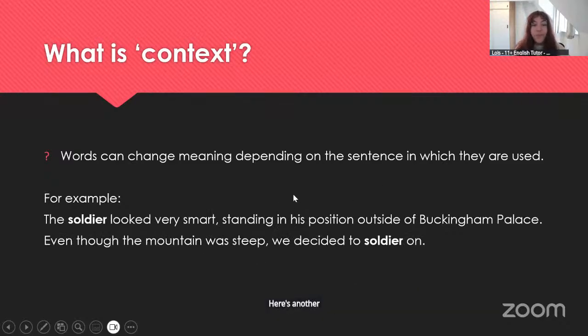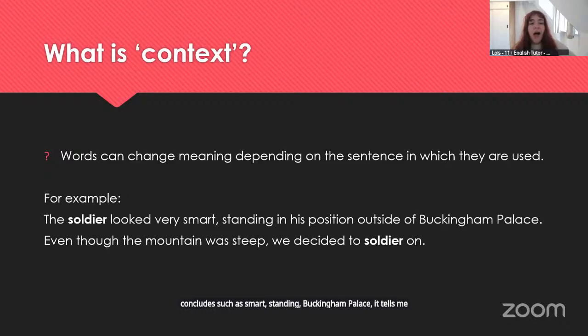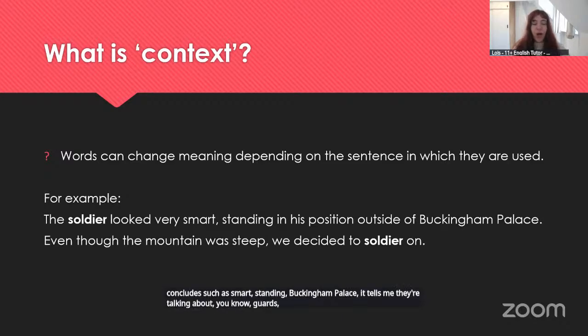Here's another example. Sentence number 1: the soldier looked very smart, standing in his position outside of Buckingham Palace. Here you can see this is clearly used as a noun, the soldier, and clues such as smart, standing, Buckingham Palace tell me they're talking about guards, soldiers, people that protect or look after a building or a place.